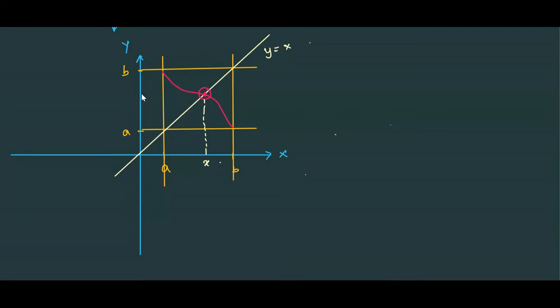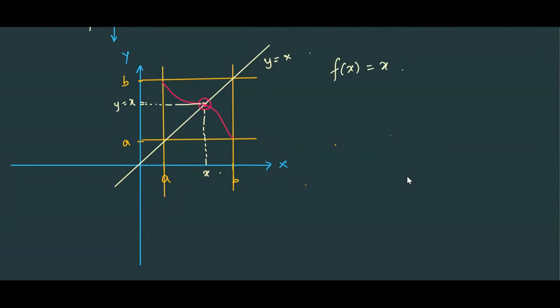This will be x. Because at this point the x value and y value will be the same, we get f of x is equal to x. The function value is equal to itself here, because again it's a property of continuous functions.